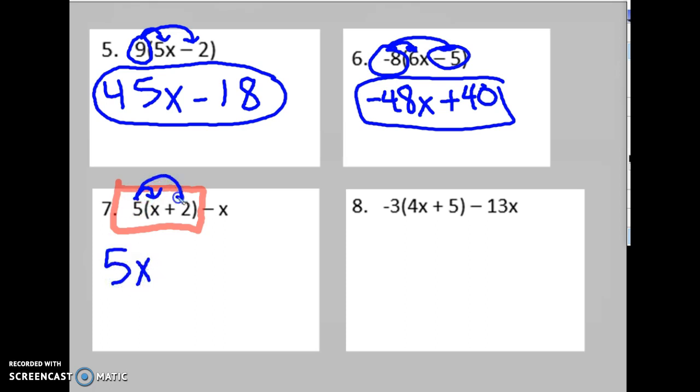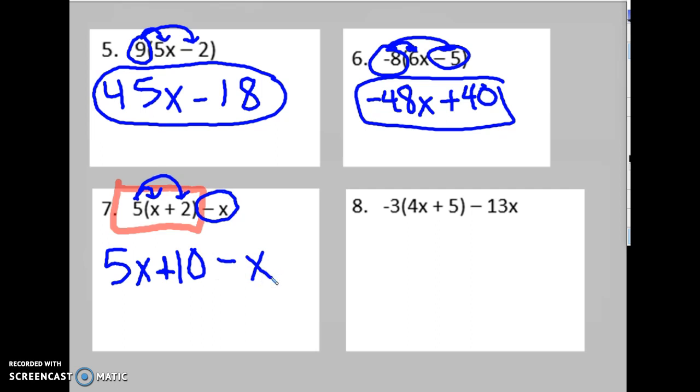Then we're going to do 5 times the +2, which gives me +10. So I have 5x plus 10. Notice I still have that minus x at the end. Don't forget about that. Also, don't include that in the distributive property because it's not inside the parentheses. So that just drops down as minus x.